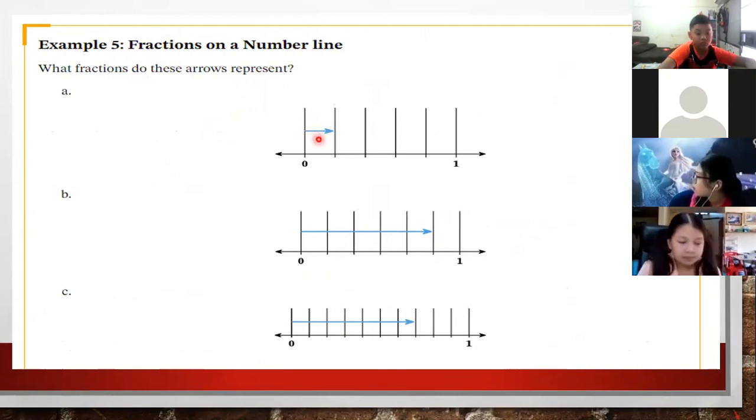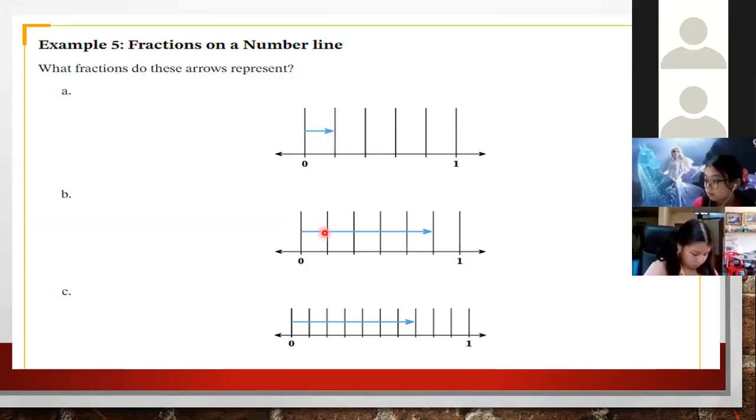Huh? Who answered that? Number 10. What is the answer in this? If we count 1, 2, 3, 4, 5, it is divided into 5 equal parts. 1/5. Huh? 1/5. Okay.